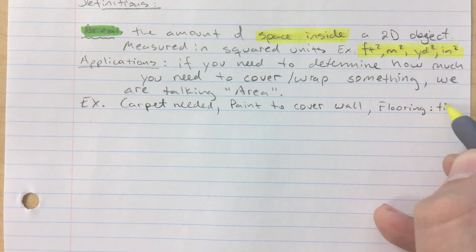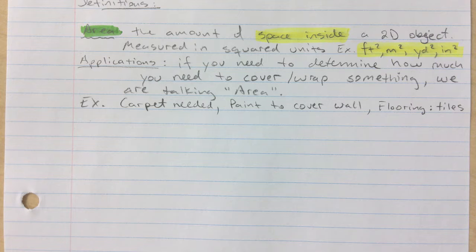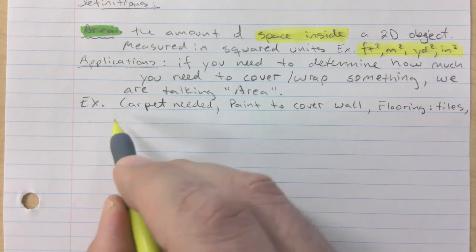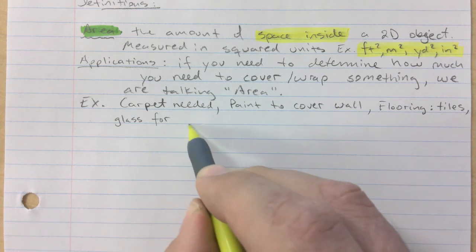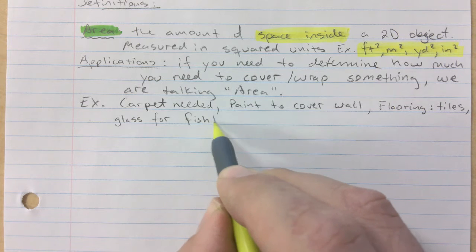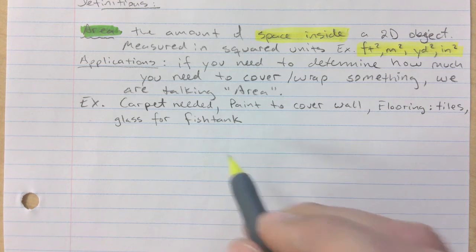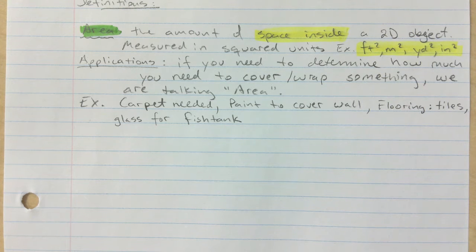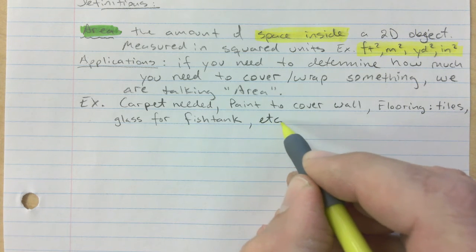Could be tiling, tiles, right? How many tiles will you need? And the list goes on, but these are the most common ones. You could also say glass for fish tank. Right? Like if you want to make a fish tank, the glass you buy will be in square footage, right? And so I'll just leave it at that. You get the picture.